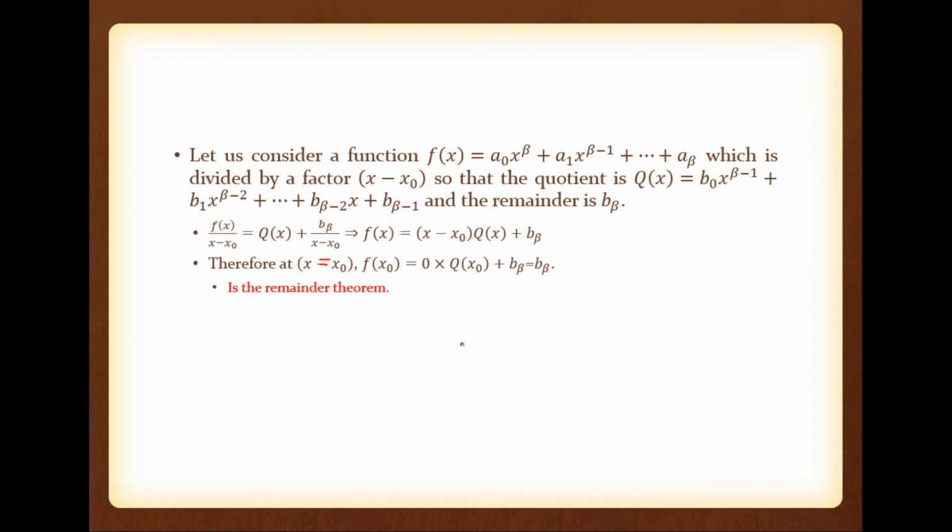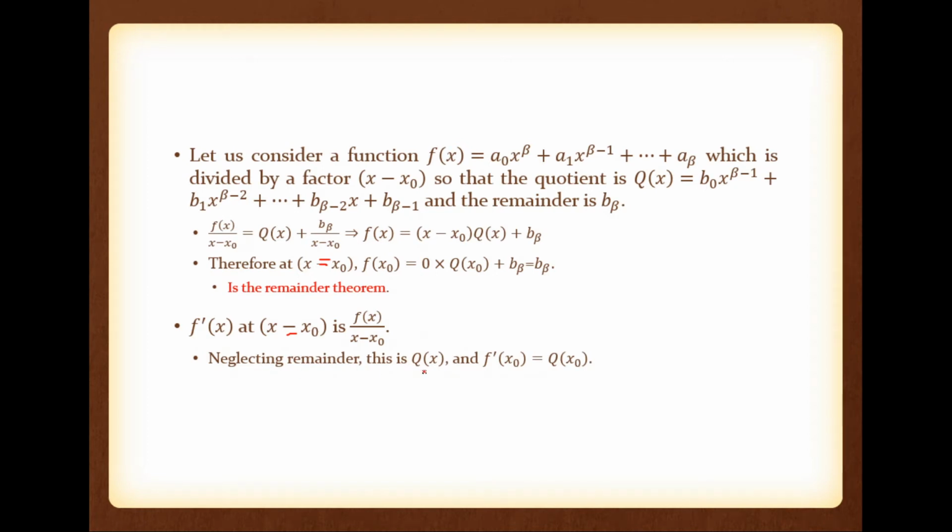Similarly, we can write f dash of x at x equal to x0. Please note, at that point we have no need to consider b beta. So by neglecting the remainder, we can consider q of x.